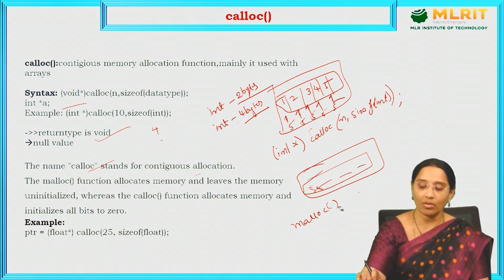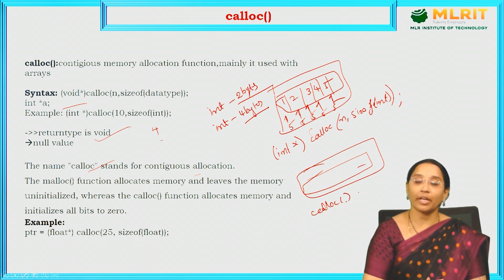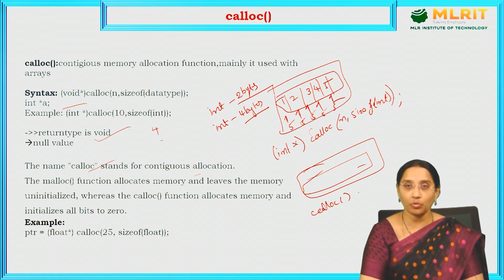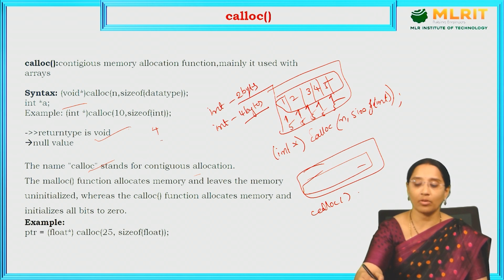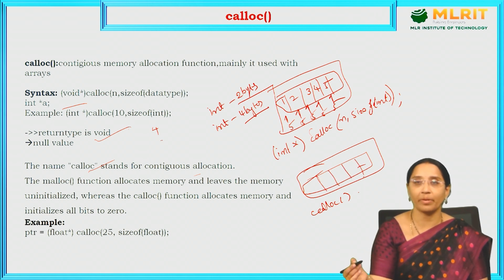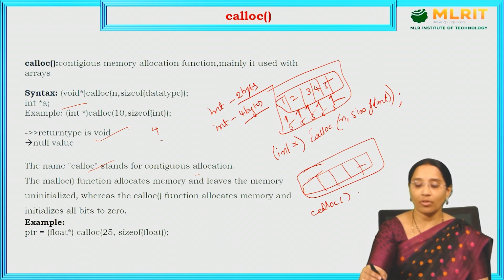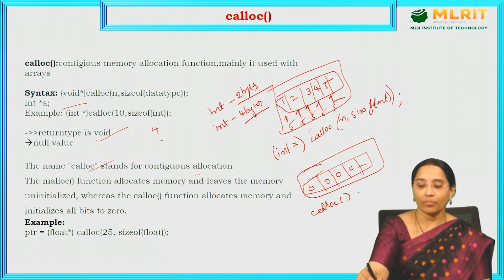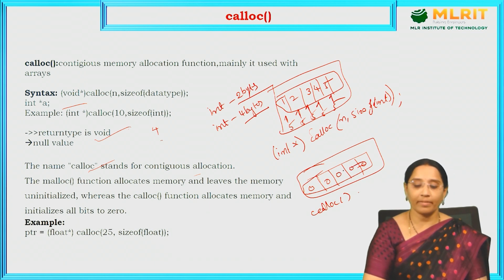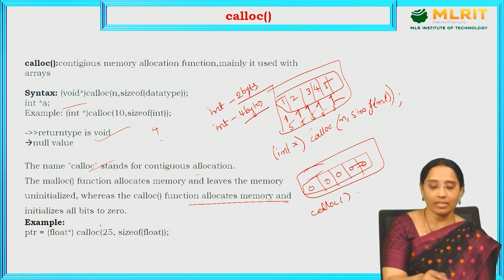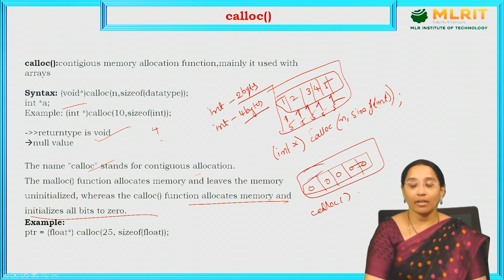Whereas with the calloc function, if you allocate memory dynamically in the heap section and the data was not initialized, the multiple blocks of memory that calloc allocates will be filled with zeros. The calloc function allocates the memory and initializes all the bit positions to zeros.